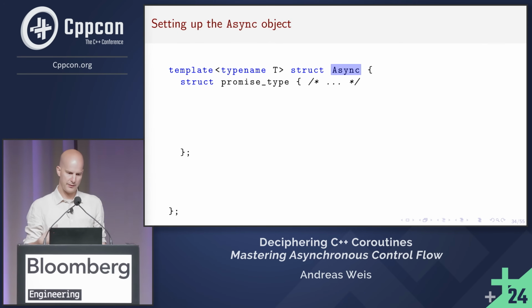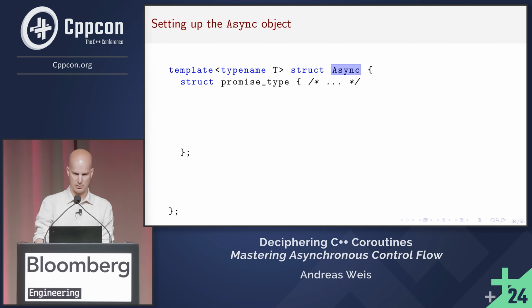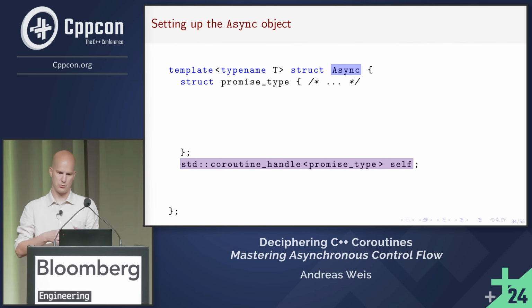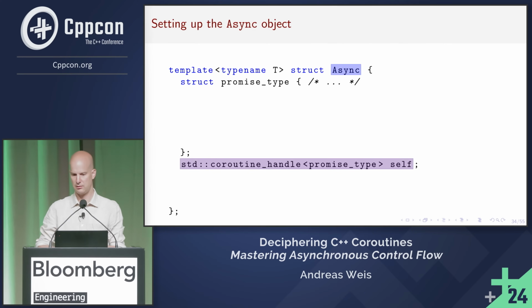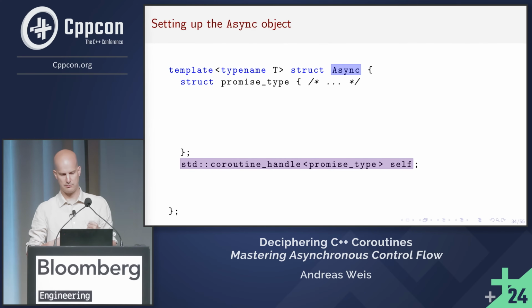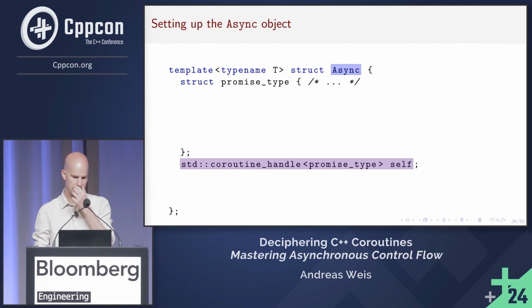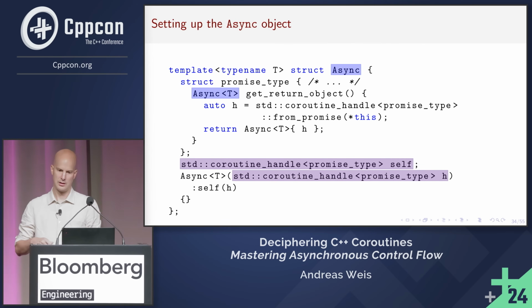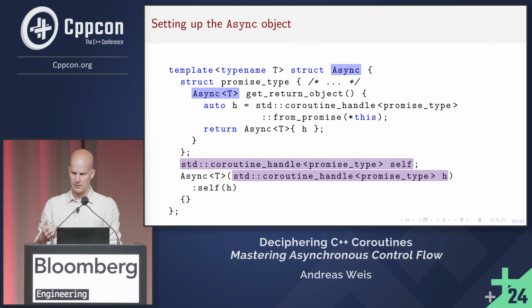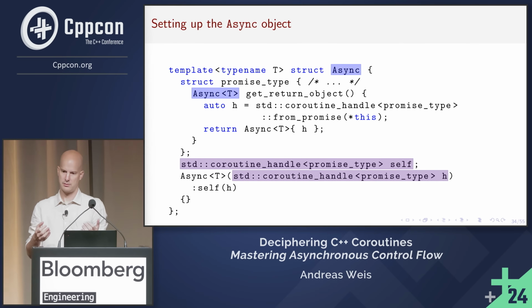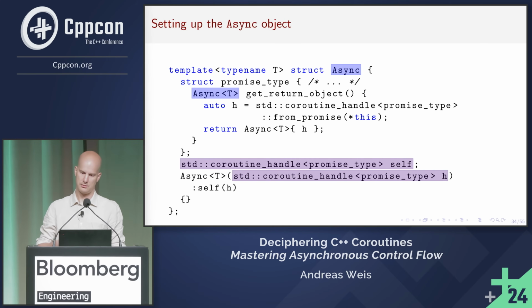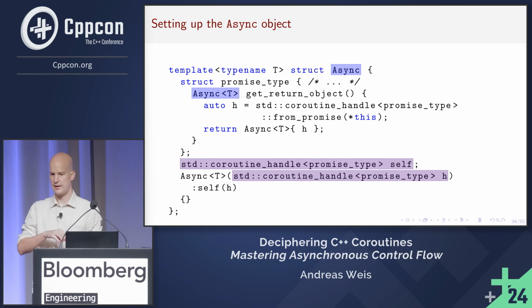So in the role of the return object, what is going on here? We keep a coroutine handle to ourselves, right? That is just what we also saw in the first part of the talk. When the return object is created, we hand the handle to the constructor of the promise, and then we save it.